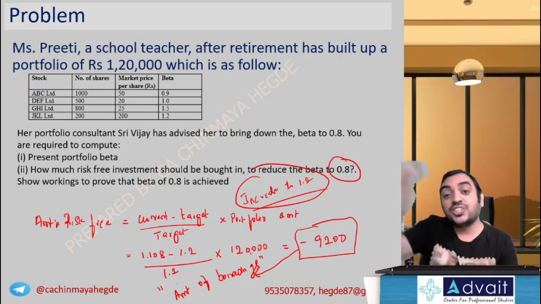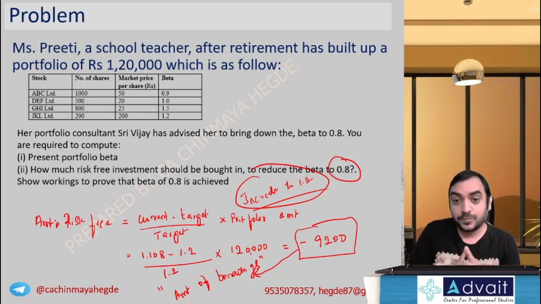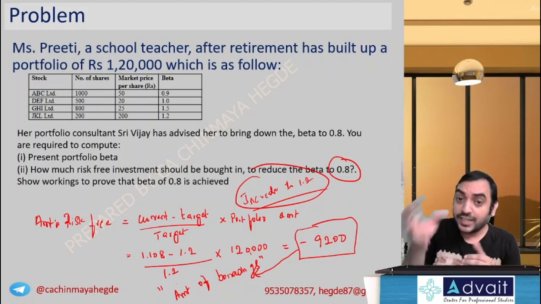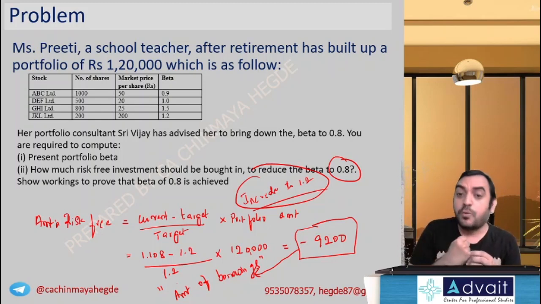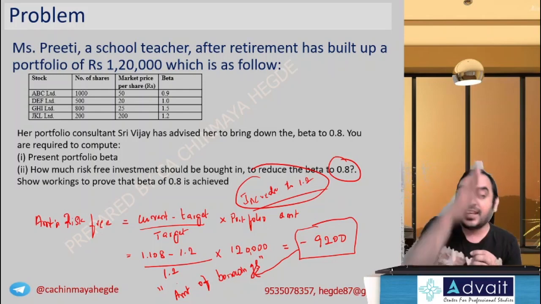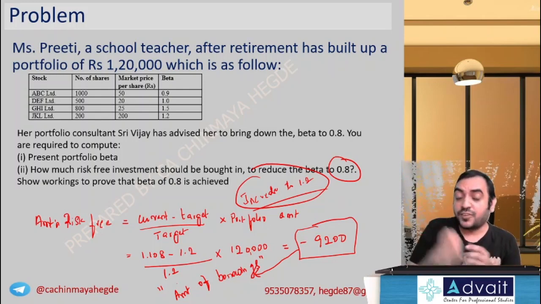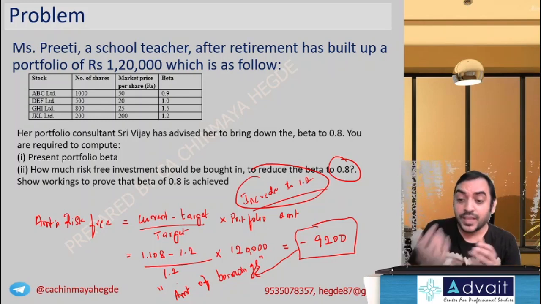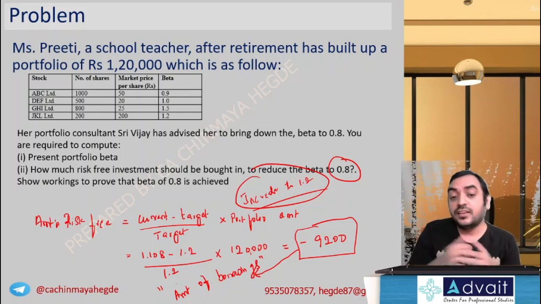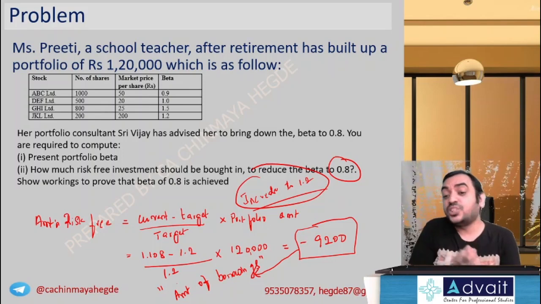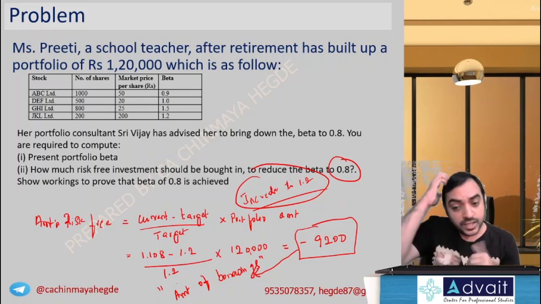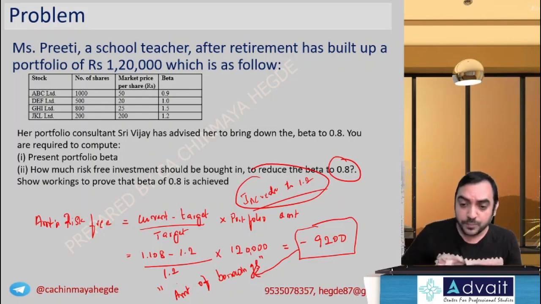You want to increase your beta, increase the risk. That is by borrowing risk-free security and investing in risky security. Take the money from risk-free security where you pay interest and invest the amount in risky securities. You increase your risk. Okay, that's one more way possible. I just explained it to you.